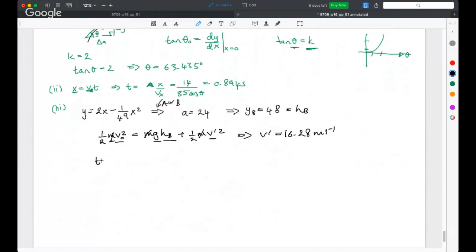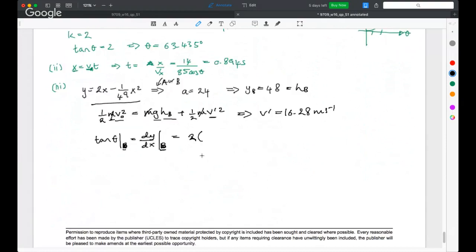And they also want the angle. So remember that tan of theta evaluated at some x is equal to dy dx evaluated at that same x. And here that point is B. So the angle at that very point is equal to, we go back to our equation here, 2 times the x coordinate.